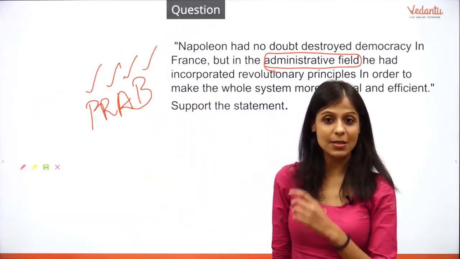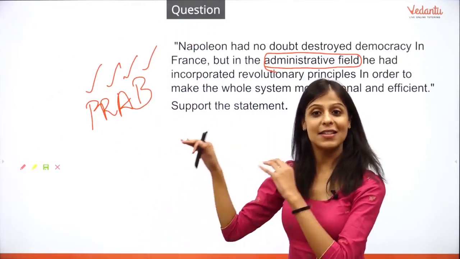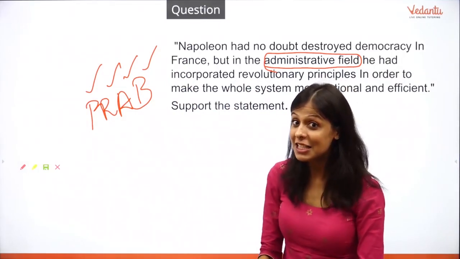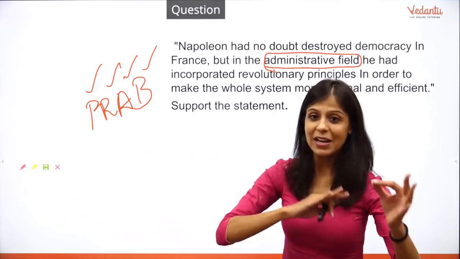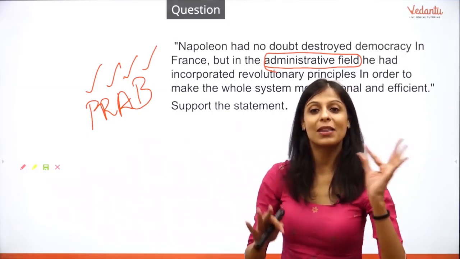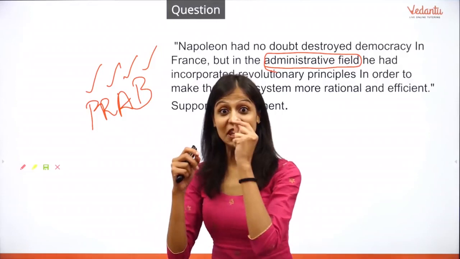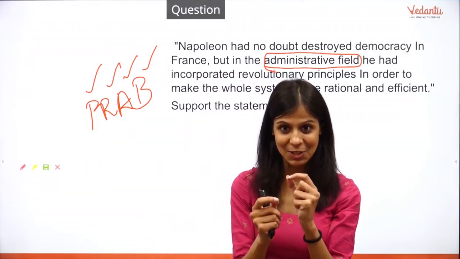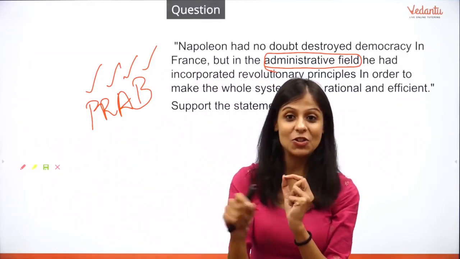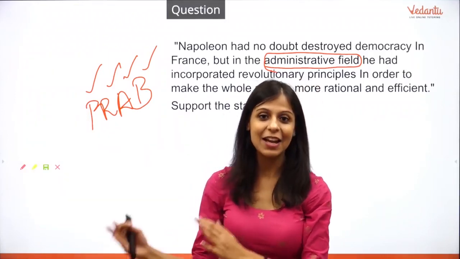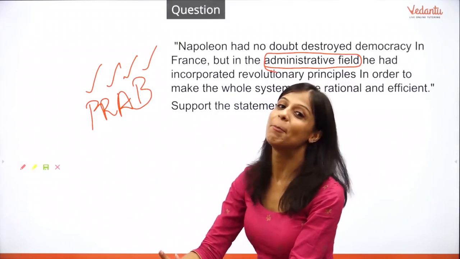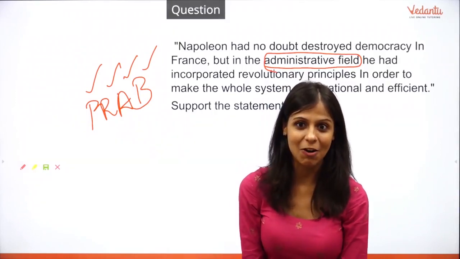Of course, you're not going to include this in the answer, but it's an easy trick to remember. One of my sisters is named Prab, so it's very easy for me to correlate Prab with the defeat of Napoleon. This is how you associate historical events with your real life events, right? So Prab defeated Napoleon, and you know what Prab stands for, right?